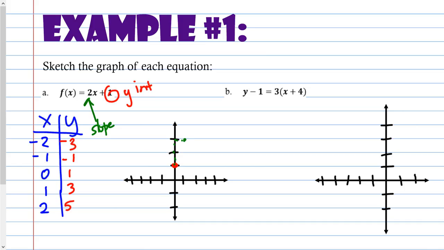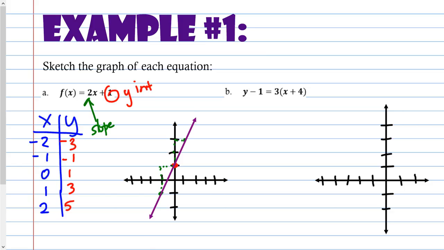I could continue in that direction, but since I didn't make a really long graph, I'm just going to go backwards: 1 to the left and down 2. And there's my other point. That is actually enough to make a line. So there's my line, and nothing else to it.